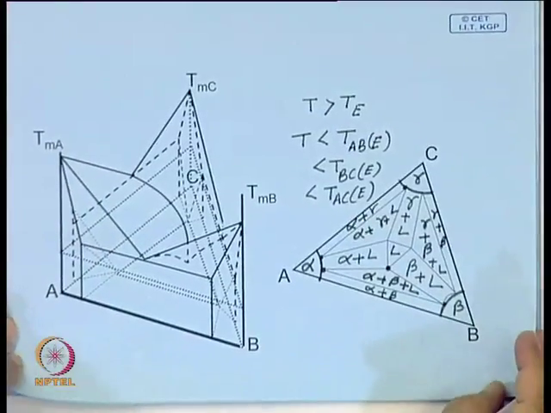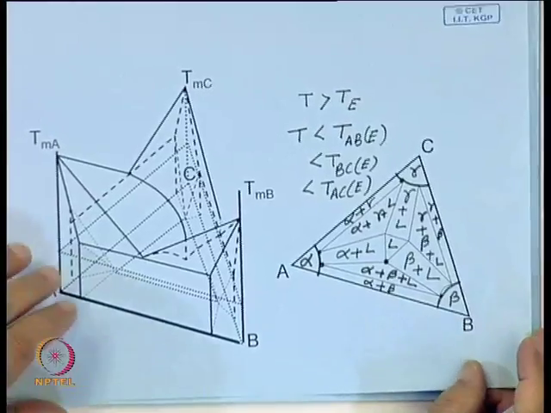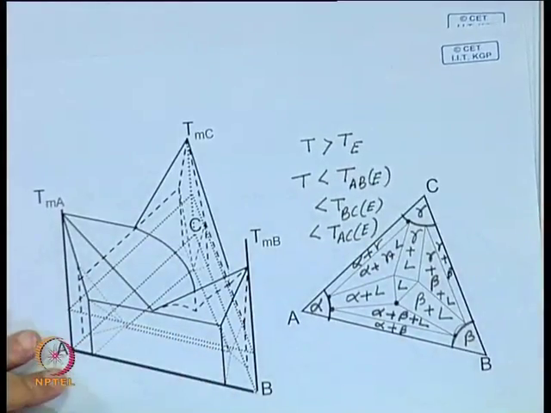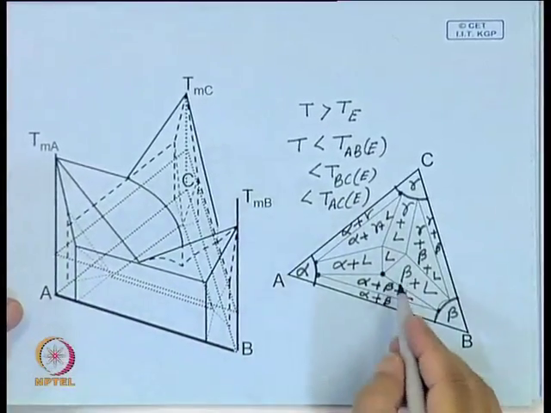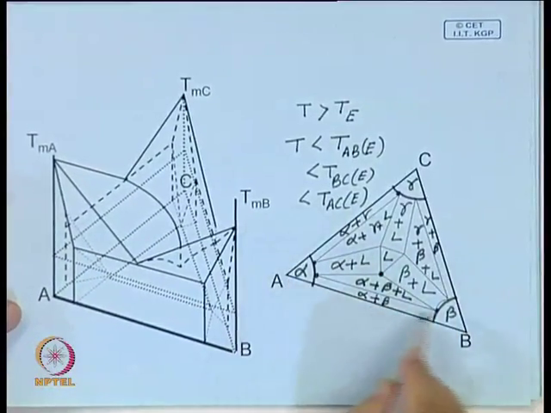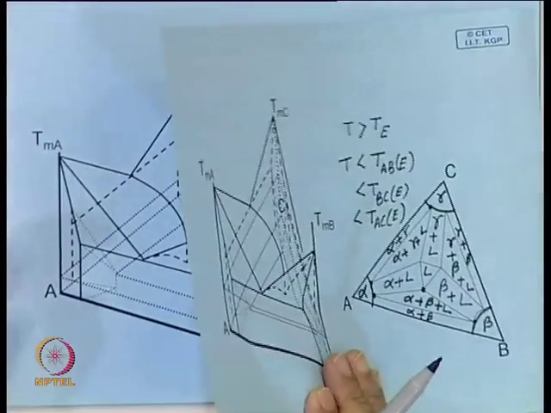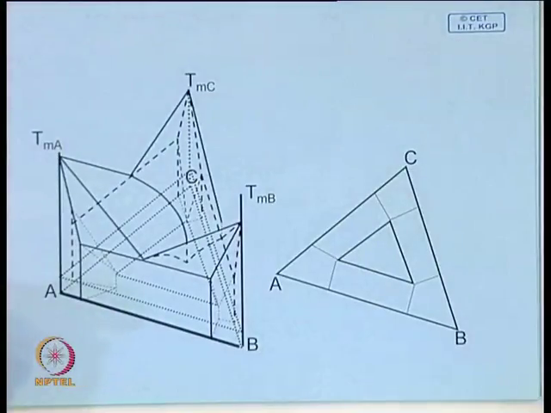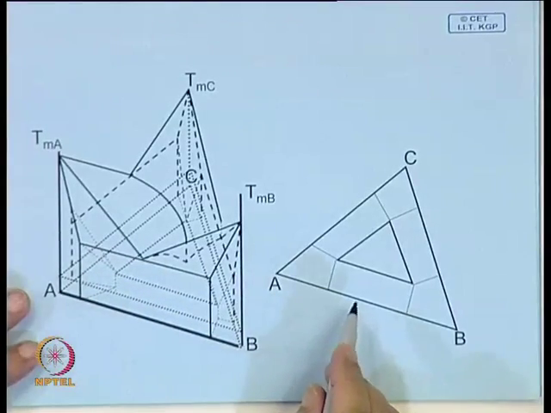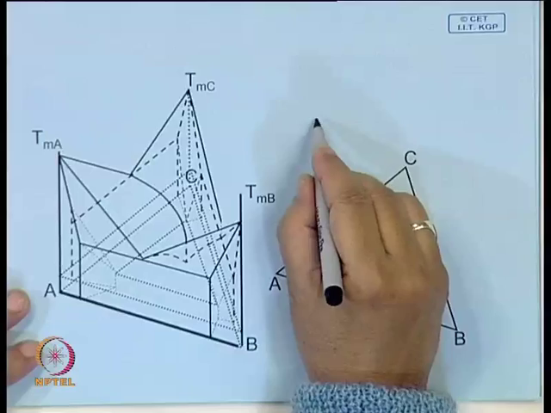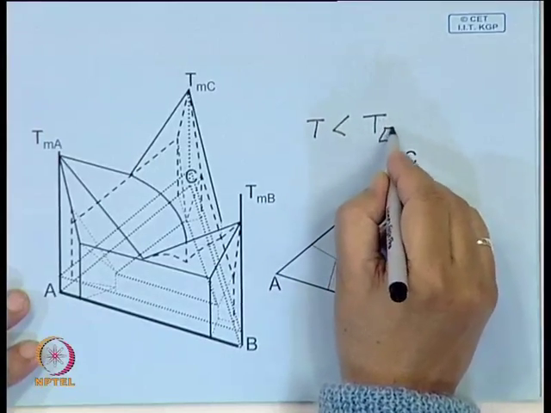In the same way, it is possible to construct or visualize from this type of ternary eutectic diagram, or you can construct a model and try to verify whether you get this kind of horizontal section. And here is a horizontal section at a temperature below the eutectic temperature. That means this horizontal section is below the ternary eutectic.